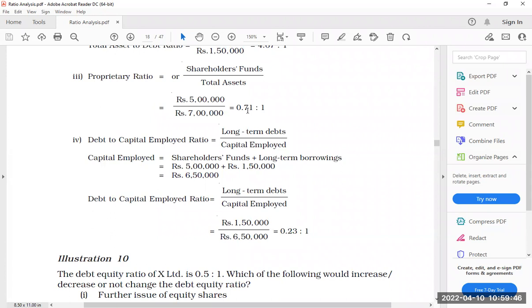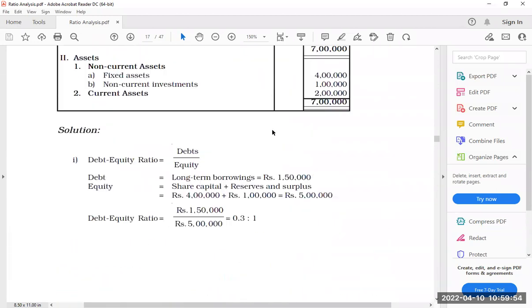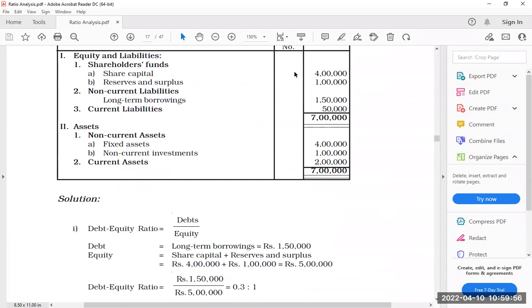So the answer is 0.7:1. Shareholder fund is 5 lakhs, as we just said, divided by capital employed. Capital employed is 5 plus 1.5, 6.5.